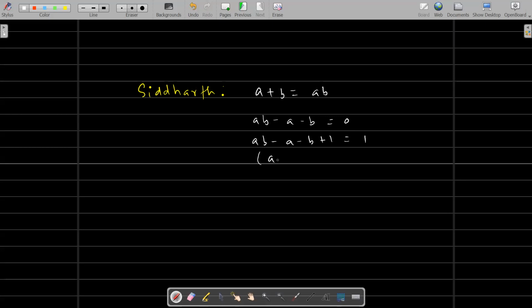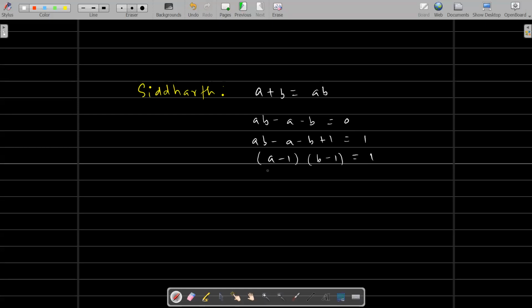Now, A and B both need to be positive integers, and the only positive integer factors of 1 are 1 and 1. So both A minus 1 and B minus 1 need to be 1, giving us A equals 2 and B equals 2 as a solution.